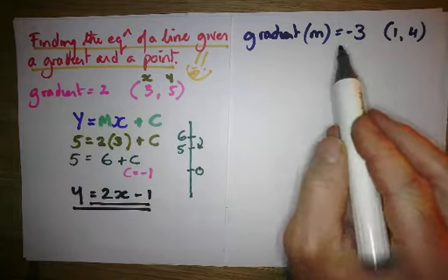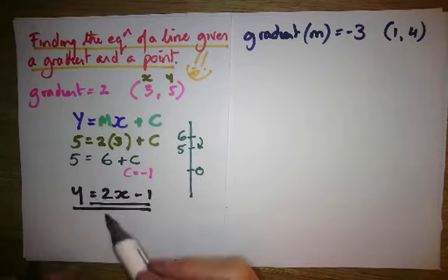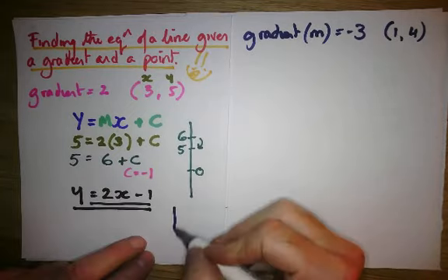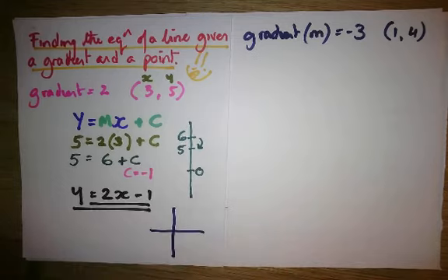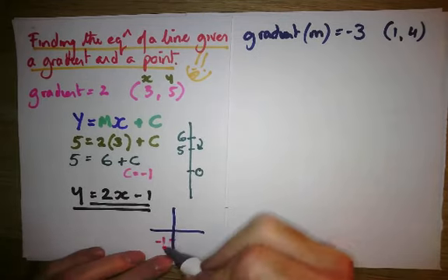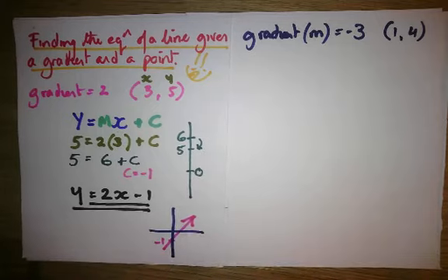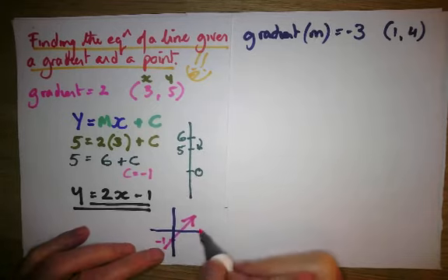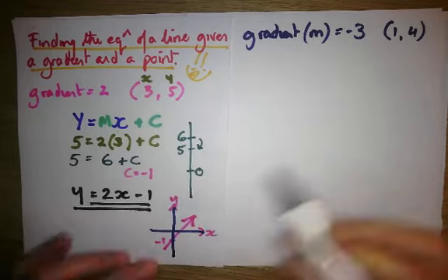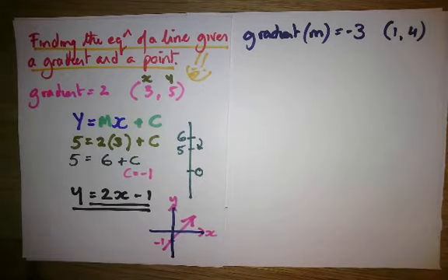Now when your gradient's negative, it goes the other direction, doesn't it? If we drew a little sketch here, with this positive 1, I know it goes through minus 1 and it's positive. So it heads that way, doesn't it? And don't forget, always label your axes. So here I know it's going to go the other direction.